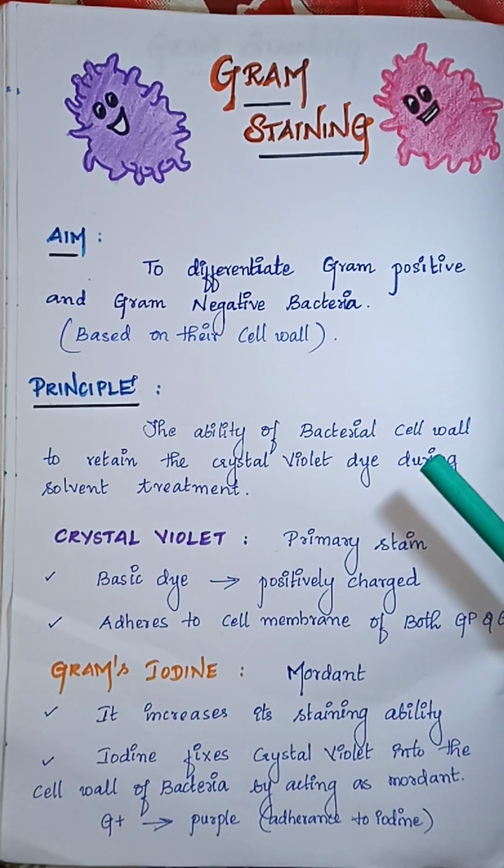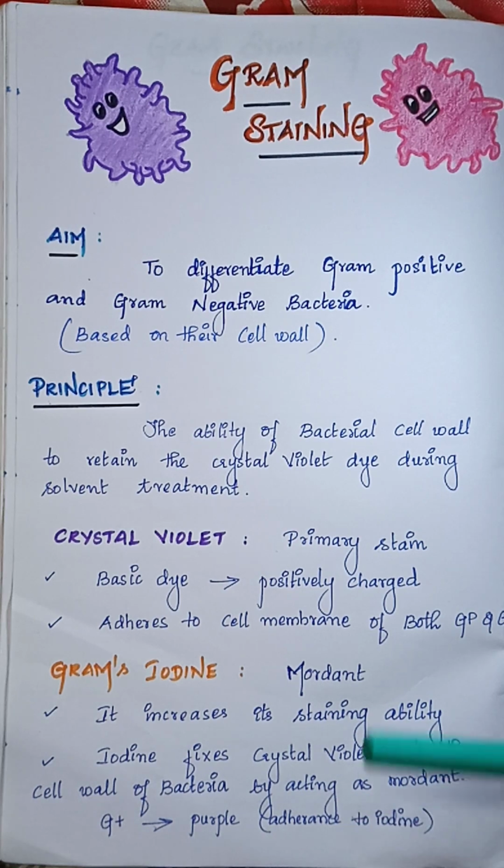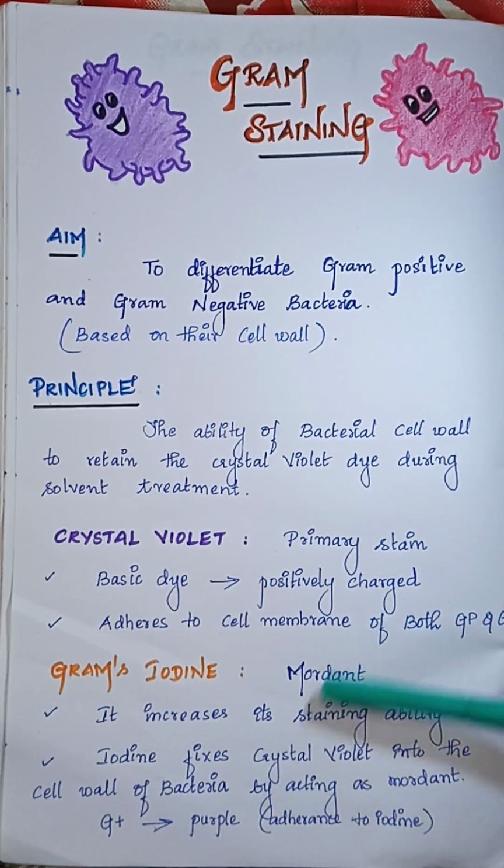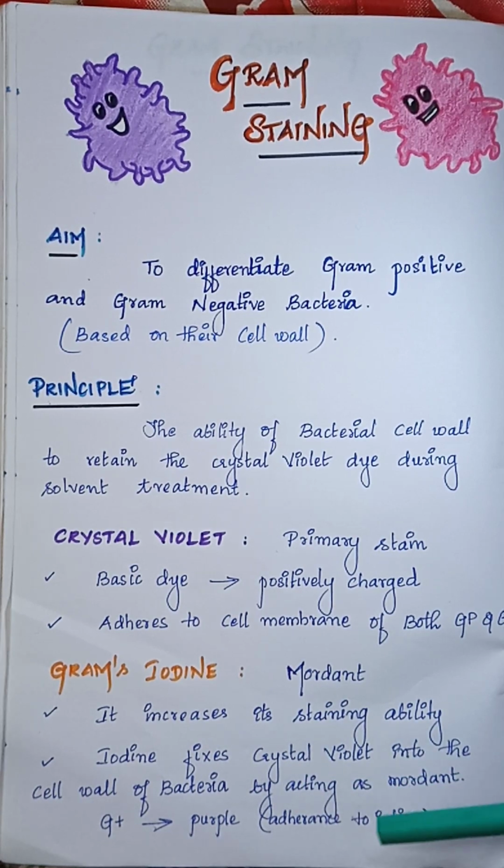In the case of gram-negative bacteria, it consists of a thin cell membrane, so the adherence of iodine is not present. Iodine cannot adhere.